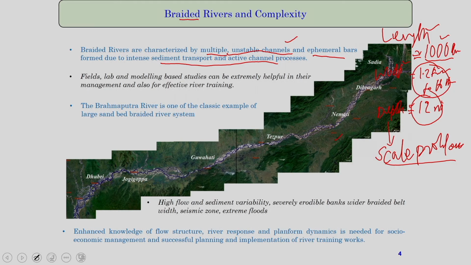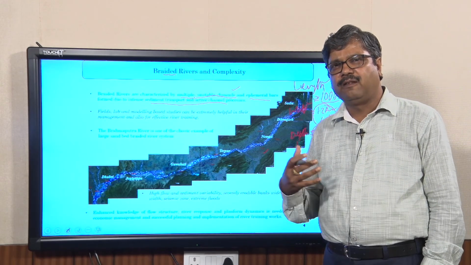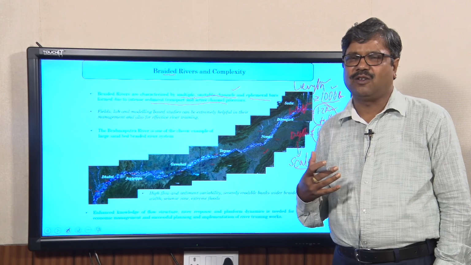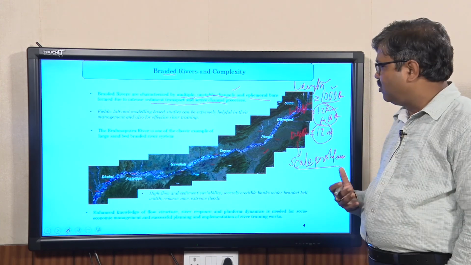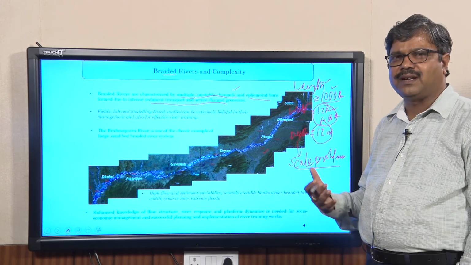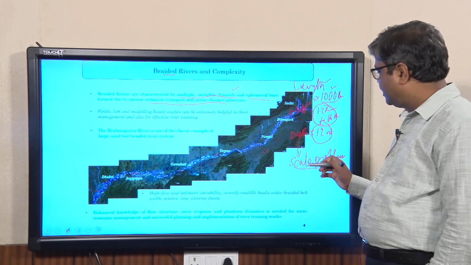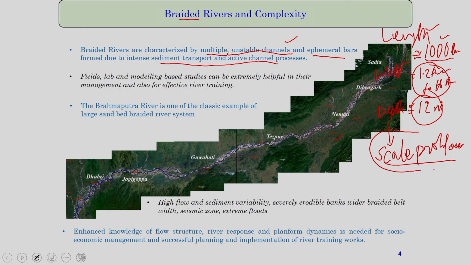That is the reason we need a lot of approximations to solve these river problems. It is not as simple as solving a computational fluid dynamics problem, but the major issue is the scale problem because of length, width and depth.